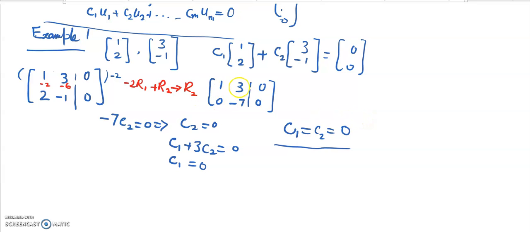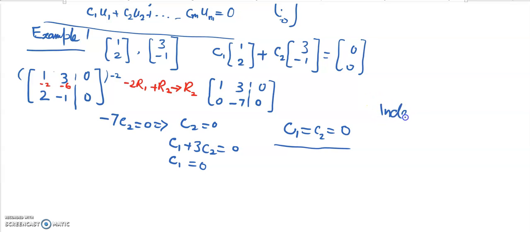So our answer is that these two vectors are independent, because this is only possible when all the scalars are 0.